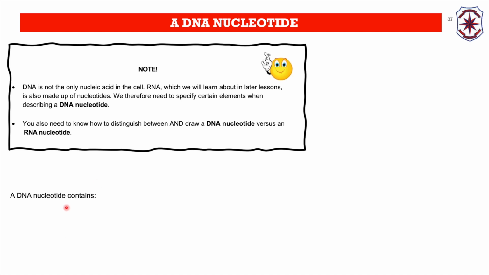DNA nucleotides contain, remember, a phosphate group and a sugar portion. The specific type of sugar that makes up DNA is a ribose. I mean a deoxyribose sugar. The reason why DNA is called deoxyribonucleic acid is because, one of the reasons is because its sugar is deoxyribose sugar.